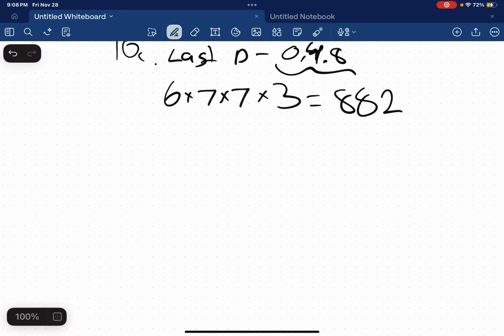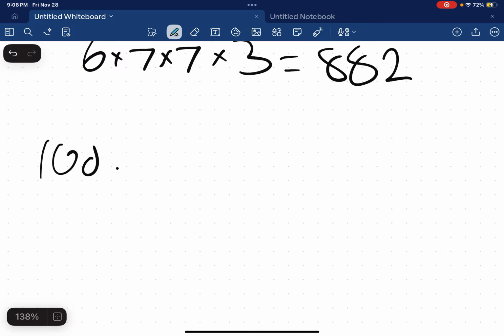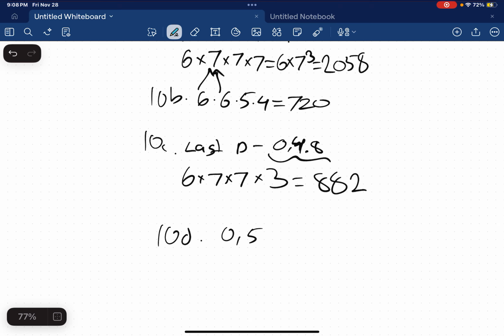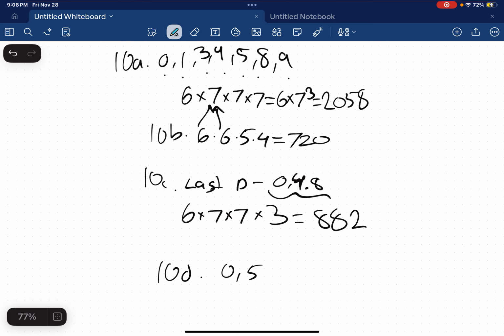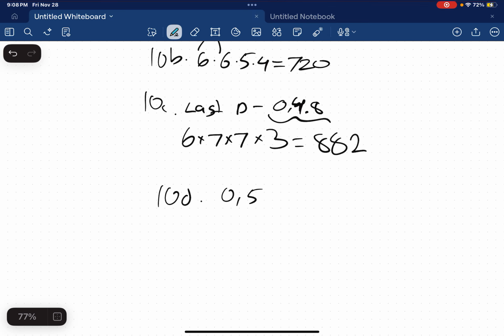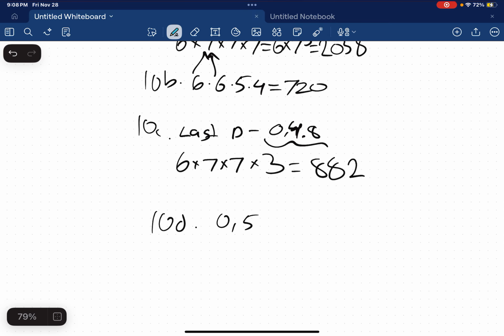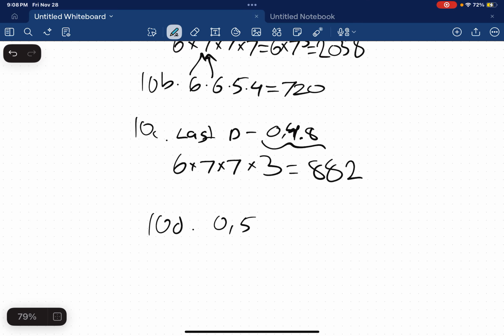Okay, last one. 10D. How many of these even numbers are divisible by 5? Okay, remember, for a number to be divisible by 5, the last digit has to either be 0 or 5. Since we do not have a 5. Oh, no, we do have a 5 on our list. Right?